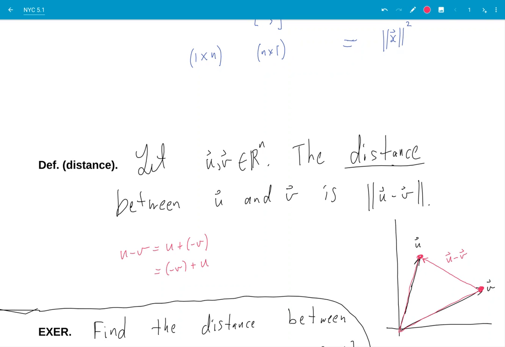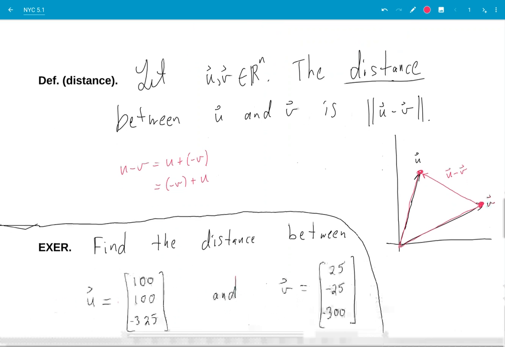So now we can see why taking the length of this vector gives me a reasonable quantity to assign to the distance between u and v.